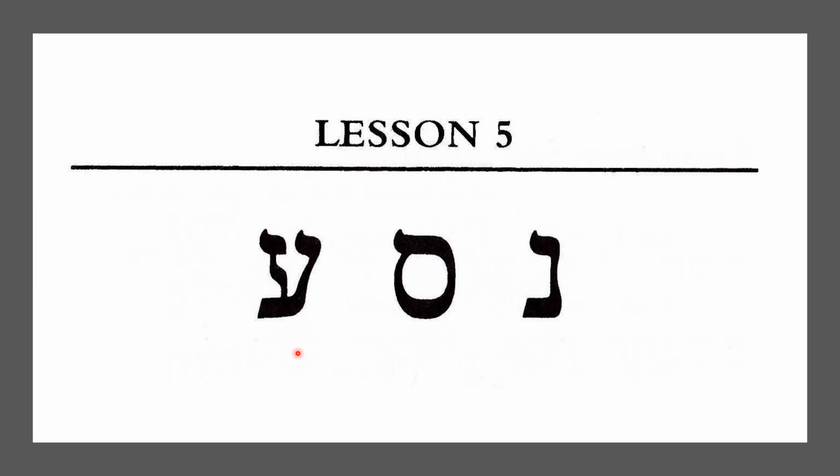can be looked at. There are a couple of things that might help you remember the nun. One is that it's very narrow at the top and at the bottom. It doesn't extend as much as some of the other letters. The other thing, if you can see it, you can see the profile of a nose. See the tip of the nose here goes up. If you're looking at it sideways, this is kind of a profile of a nose.